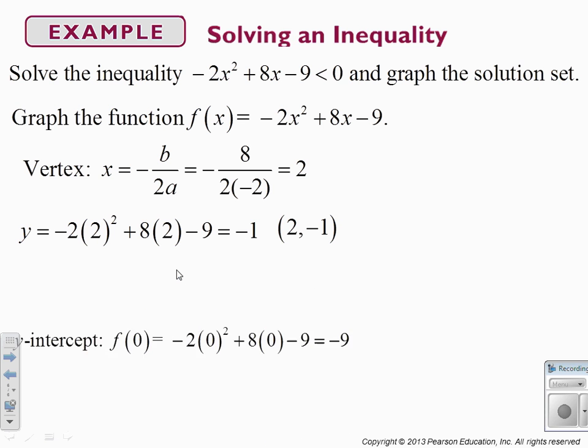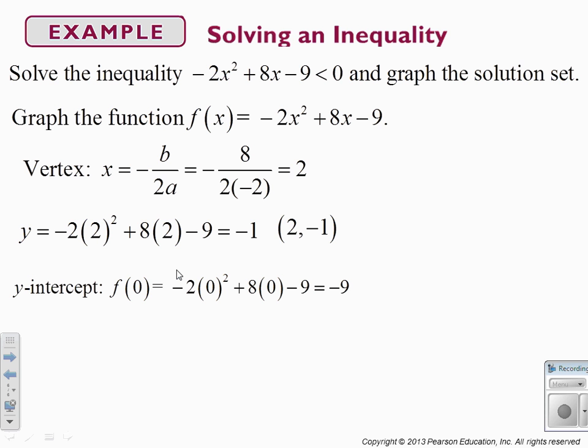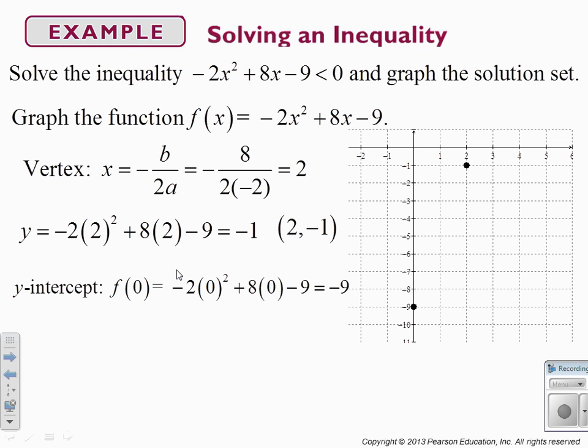Well, that's an easy guy. We know he's facing down. We plug in 0 to get a y-intercept of -9. So the vertex is there. We look at our y-intercept.